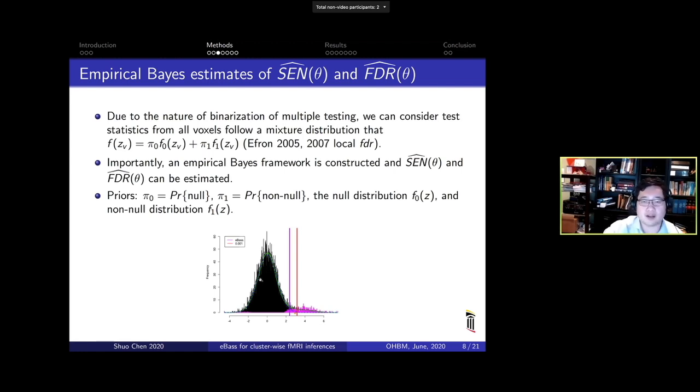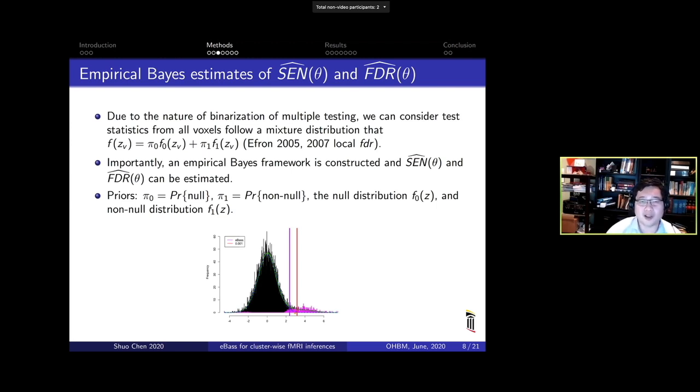You can see the green curve is f0, and the purple one is f1. Only a small proportion of the voxels come from the non-null distribution. For different effect sizes, different noise levels, and different sample sizes, the distributions of f1 and f0, and pi 0 and pi 1, will be different.